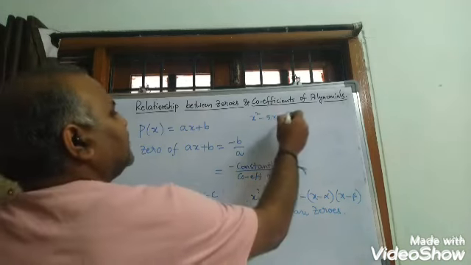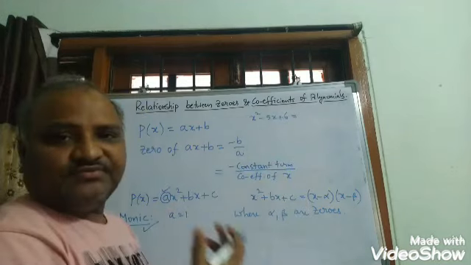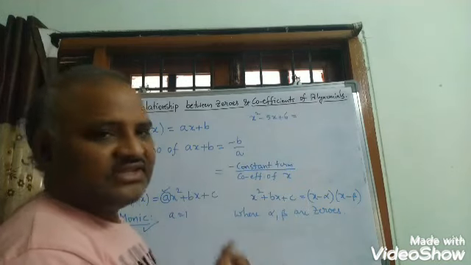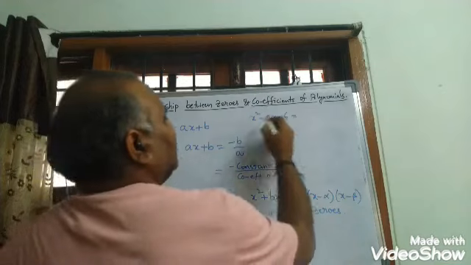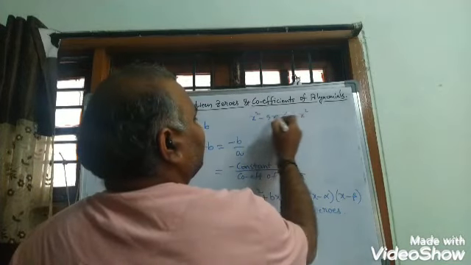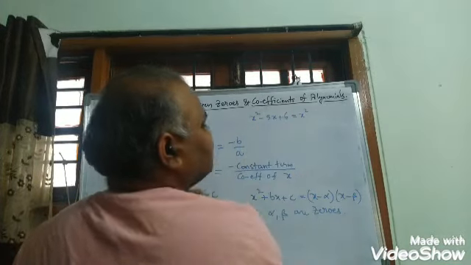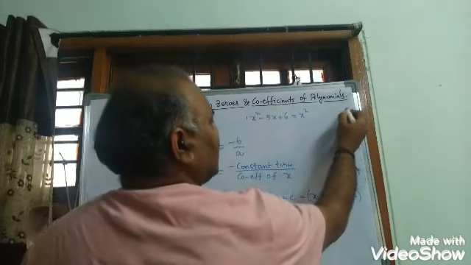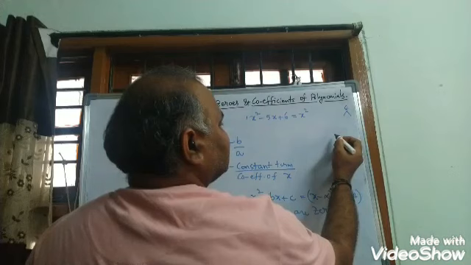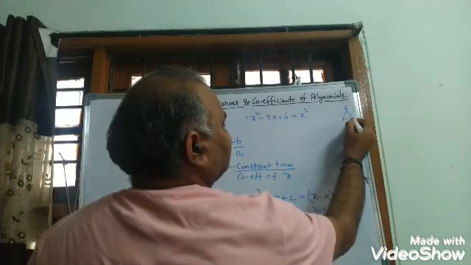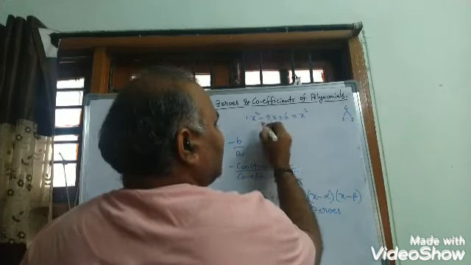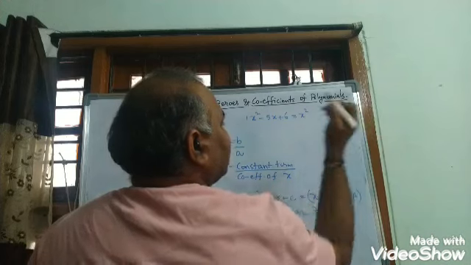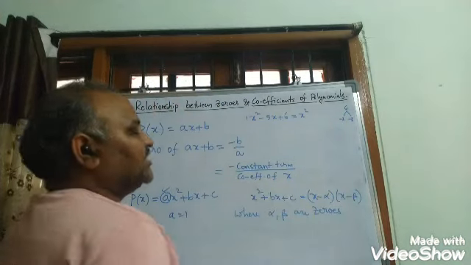While finding zeros, first we factorize this polynomial. Already we know the process. Here 6 is the constant term. If we multiply it with the coefficient of x square, 6 into 1 is 6, and 6 can be factorized like this, 2 into 3. As the middle term has a negative sign, we take minus 2 and minus 3.